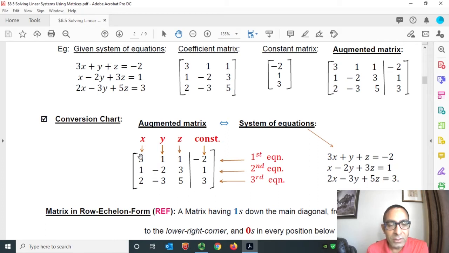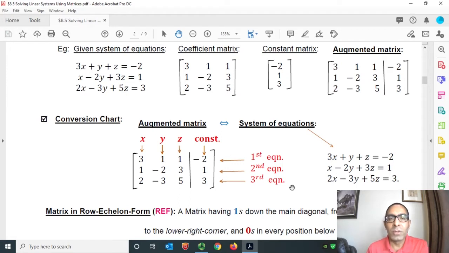Similarly, 1 times x minus 2 times y plus 3 times z equals 1, the second equation in the system. Similarly, here it's 2 times x minus 3 times y plus 5 times z equals 3. This is the third equation in the system.